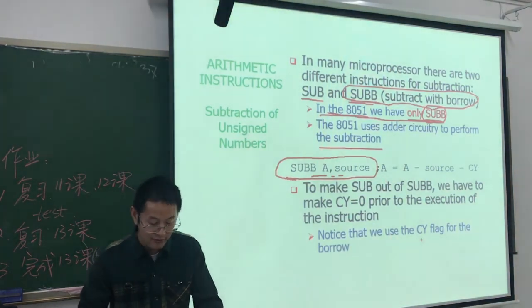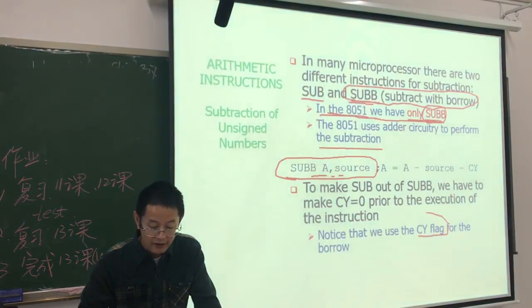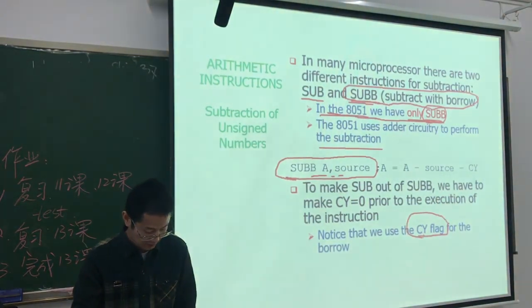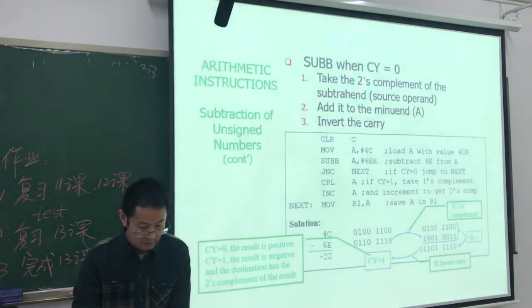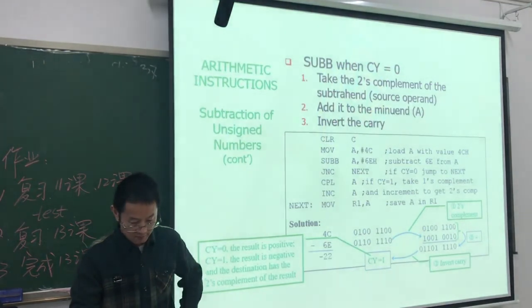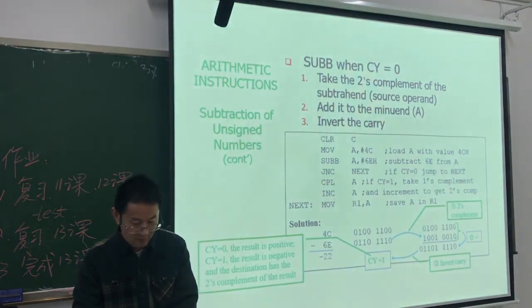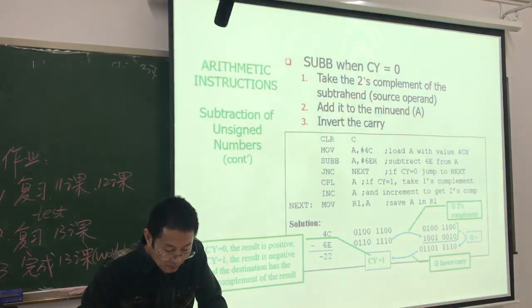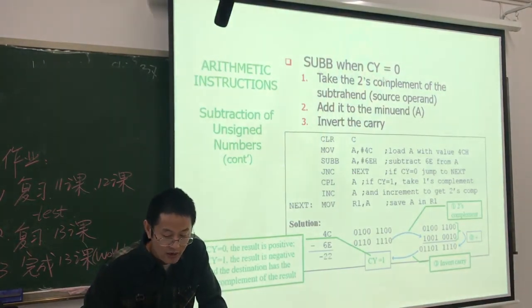The borrow is on the CY flag. When CY is equal to 0, take the two's complement of the subtrahend source operand, add it to the minuend, and invert the carry.